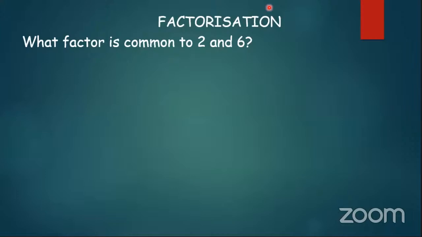And I think 3, when we divide 2 by 3, we don't get a whole answer, it is in decimal points. So that means 2 is not divisible by 3. That only leaves us with the 2, which we had suggested in the chat.